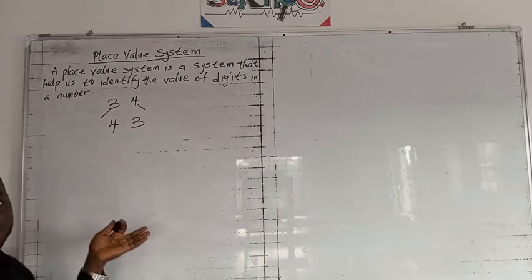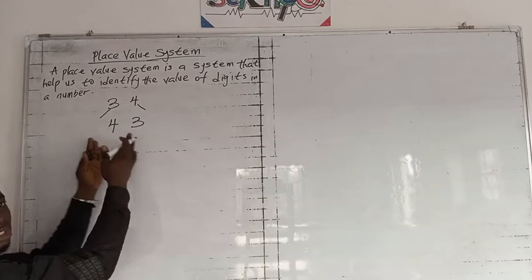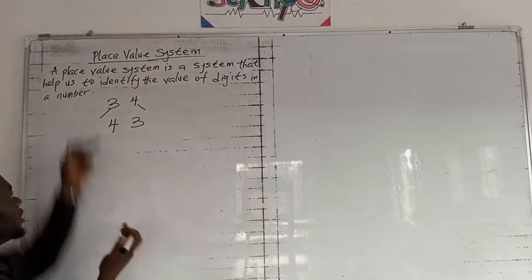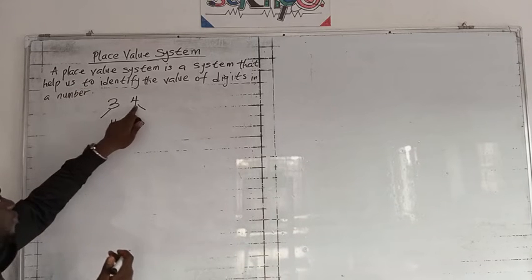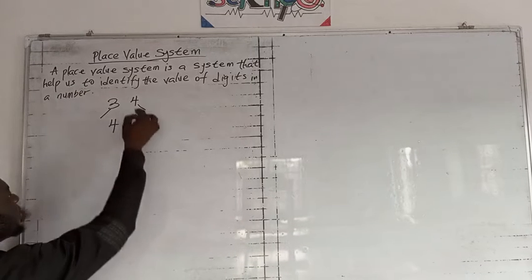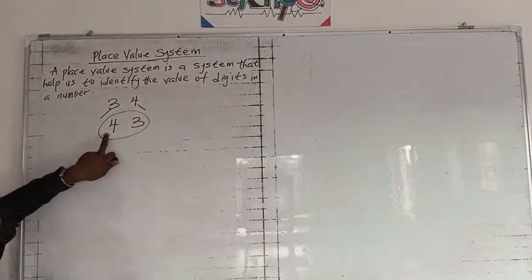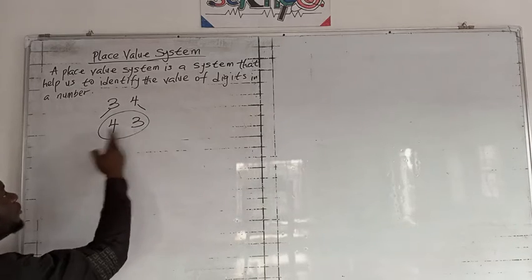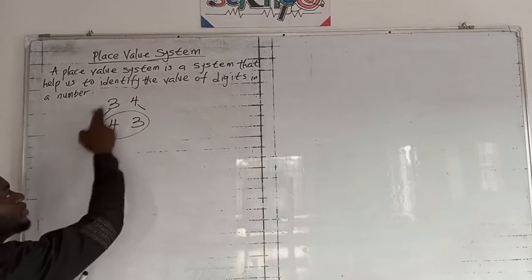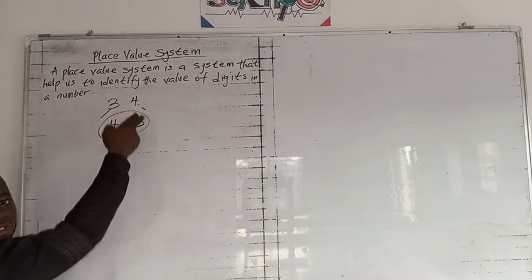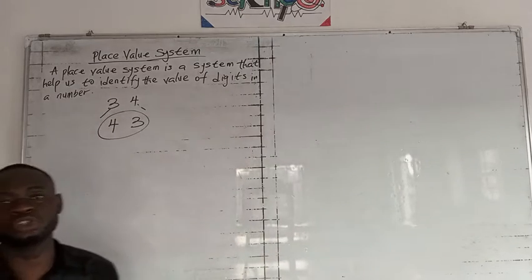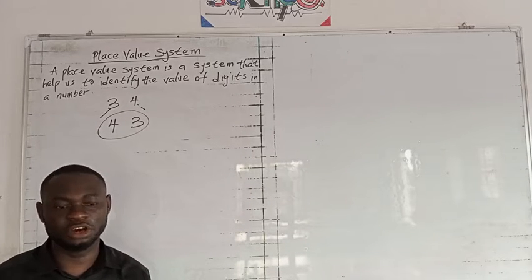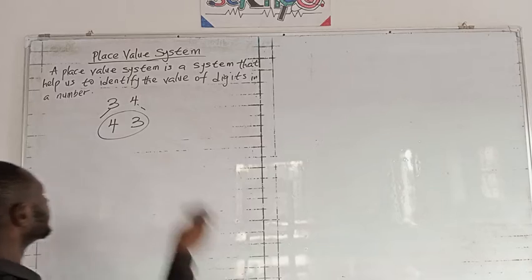But the arrangement of these digits is different. Here, 3 came first, followed by 4. But in this number, 4 came first, followed by 3. You will notice that the value of these two digits will not be the same as the value of those two digits. So the place value system helps us to identify the value of digits in a set of numbers.